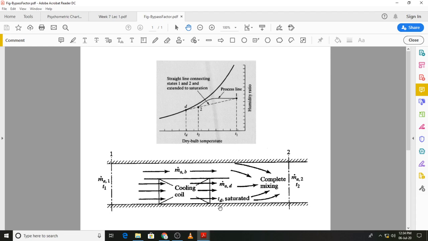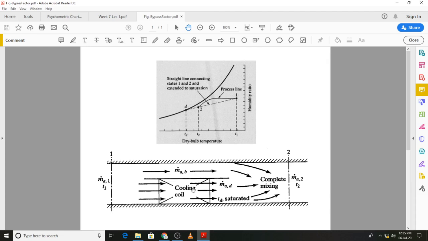One part in which the air is assumed to be perfectly cooled, that means all the particles of the air in that particular stream are cooled to a temperature Td, and we can assume that the remaining particles are not at all affected by the cooling coil, and they remain at the temperature T1, as if that portion of the air has bypassed the cooling coil, and that is from where the term bypass factor is derived.